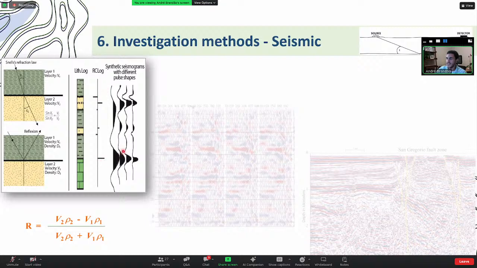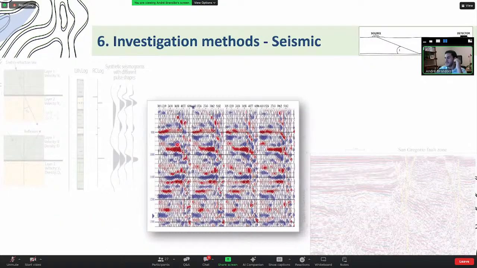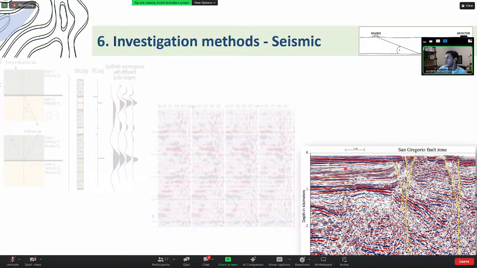So this is an example of different intensities of the signal that is recorded by the detector. And if we have different microphones aligned together, we combine all of those to create images similar to this. And if we apply some processing methods and velocity models, we transform that into the seismic section, where you can see the organization of the strata.